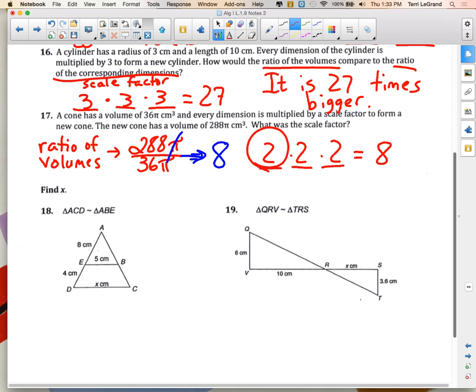So the scale factor is 2. The dimensions of that cone were doubled, weren't they? And it made the cone get 8 times bigger by doubling its dimensions.